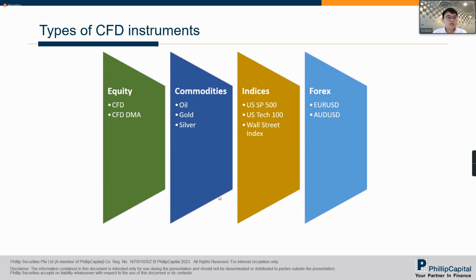For indices, this is just an example to show you, like the US S&P 500, US Technology 100, or the Wall Street Index. Also for Forex, for example, I have EUR/USD or Australian dollar per USD.